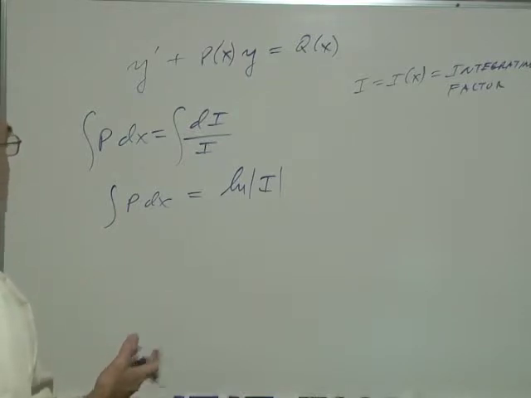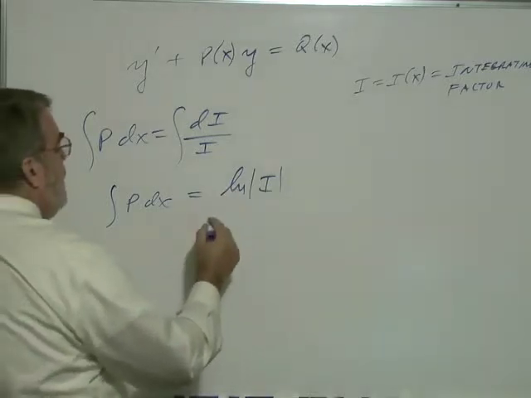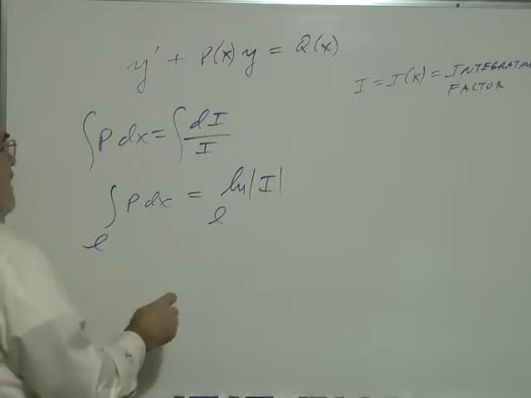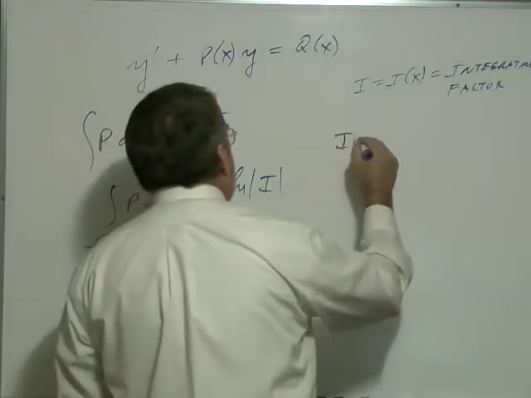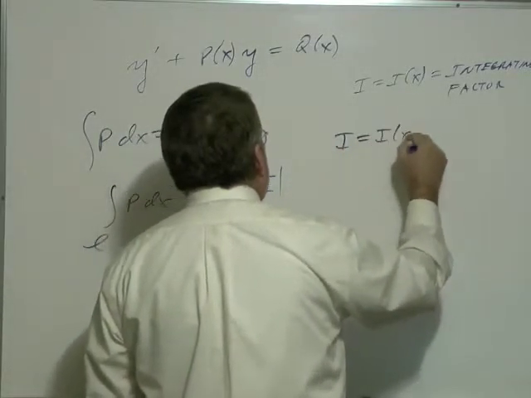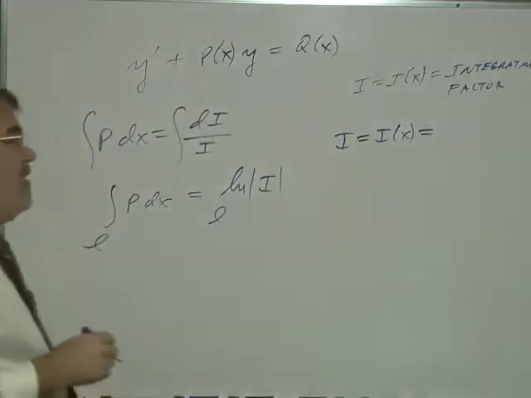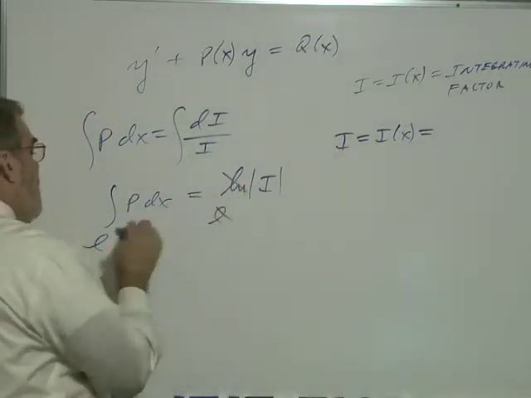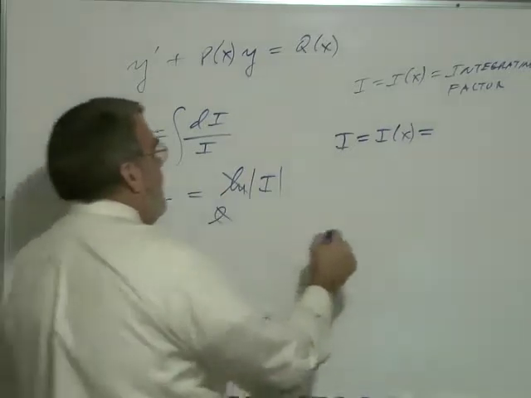All right, well, so what's the integrating factor? To eliminate the log, I have to make both sides a power of e. So that means that the integrating factor, I, which is a function of x, is equal to e to the integral of P dx.